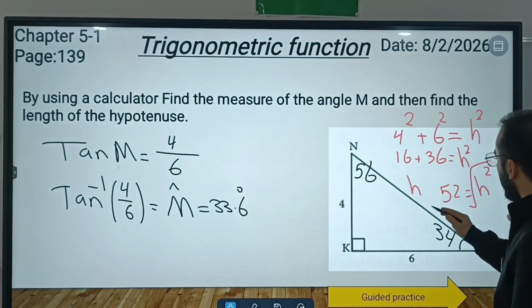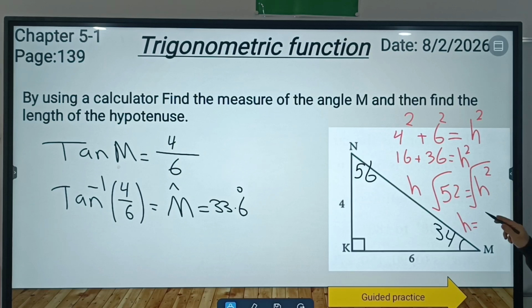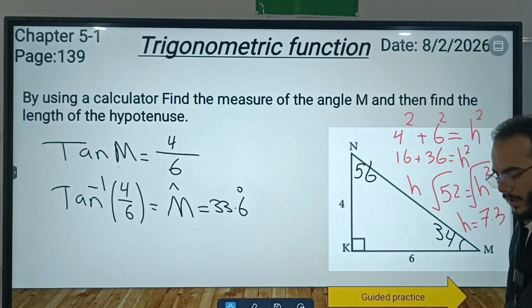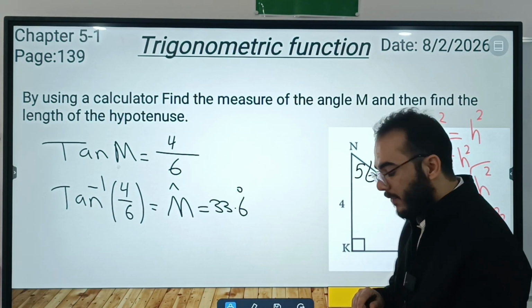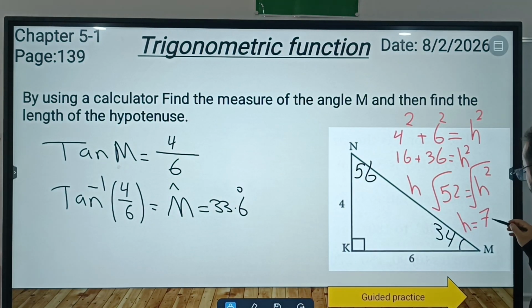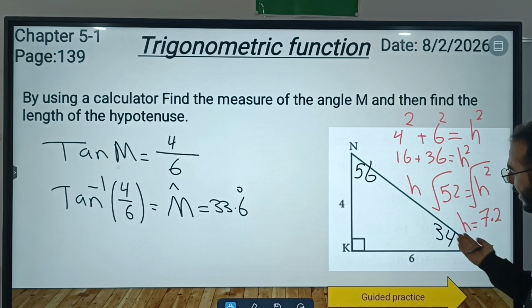So take the square root of both sides. H approximately equals the square root of 52. Let me just calculate it. Square root of 52 equals almost 7.2. So the measure of the hypotenuse is equal to 7.2.